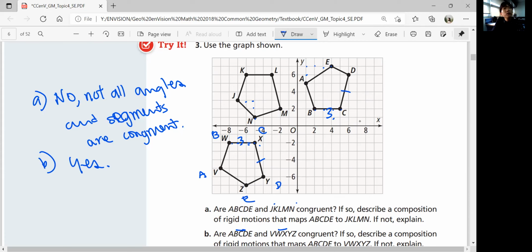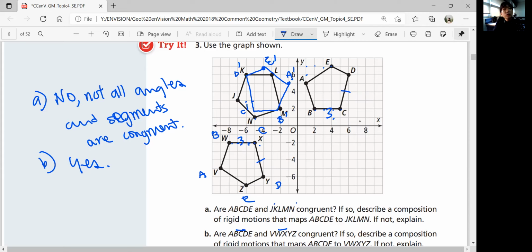So why don't you reflect over the y-axis, and then you get this one. Okay, this is A prime, E prime, D prime, C prime, and B prime. You reflect it over the y-axis.